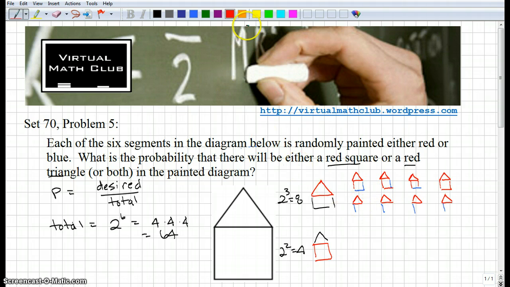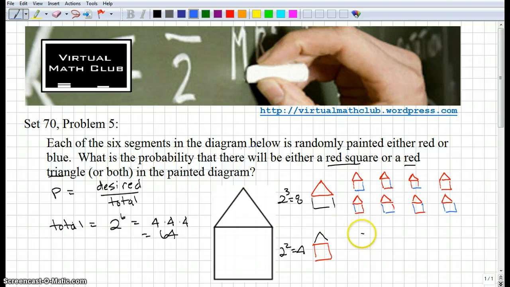Okay, so let's look at these other ones. We could have a blue and a red, red. We could have the other red be on the side. We could have the other red be on the bottom. And let me go back to blue. So let's fill in the rest with blue, blue. And it looks like we could have blue, blue, right? Is that all the scenarios? I think all those are unique. So those are our 8 scenarios where we get a red triangle on the top.